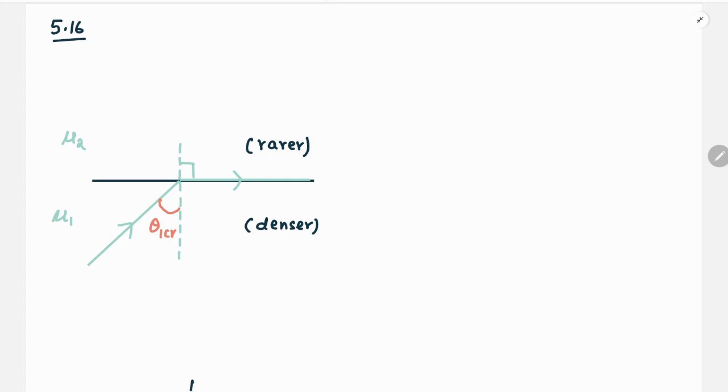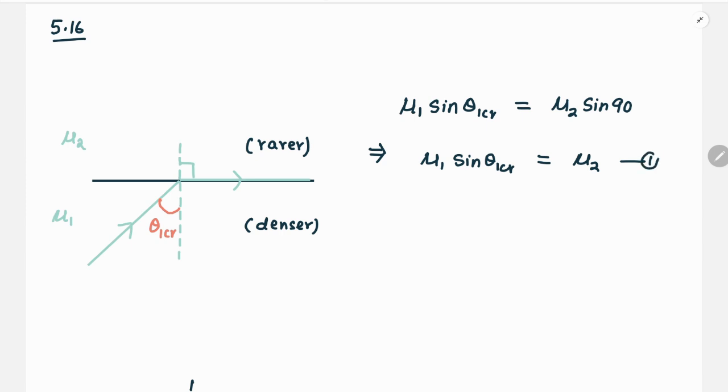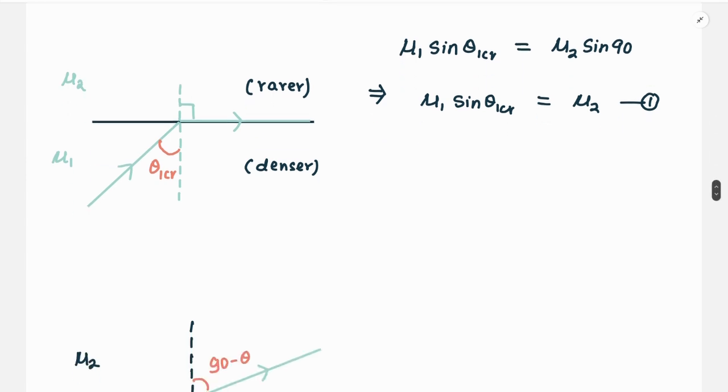If we state Snell's law for this part, then we can write mu1 sin theta 1 CR is equal to mu2 sin 90, as it is at critical angle. So over here we can write mu1 sin theta 1 CR equals mu2. This is equation 1 for this problem, as it is traveling from denser to rarer medium.